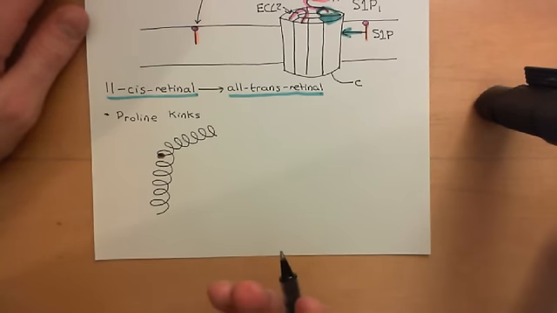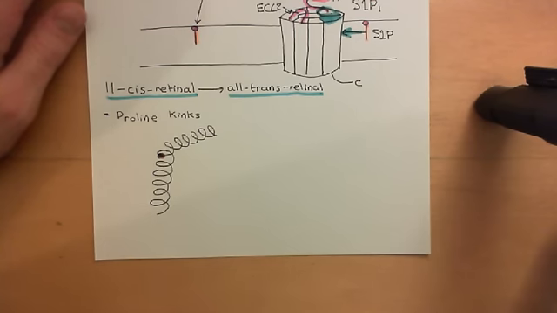G protein coupled receptors frequently have proline kinks, and they'll have them at different places within the transmembrane alpha helices. So this is one of the ways that the transmembrane domains of G protein coupled receptors violently differ basically in their secondary structures, if you look at different G protein coupled receptors.